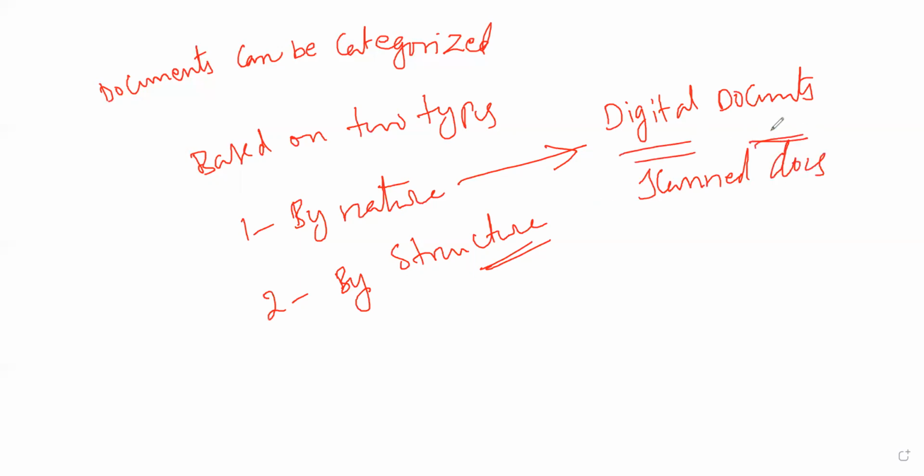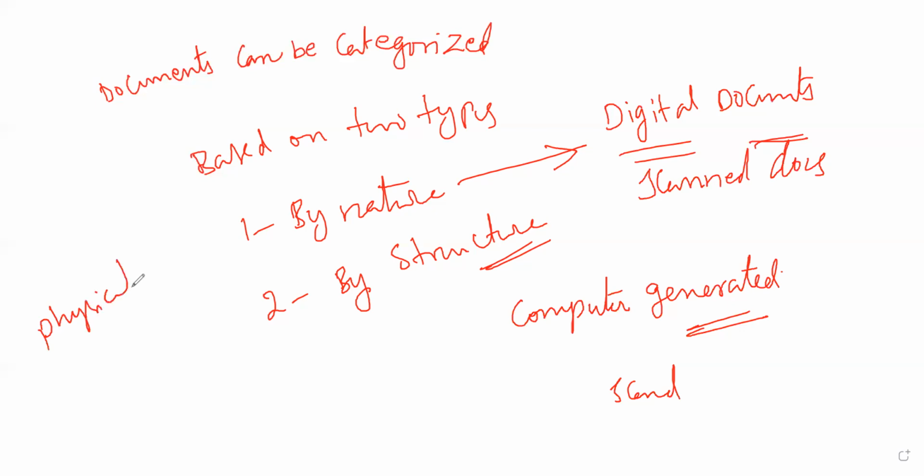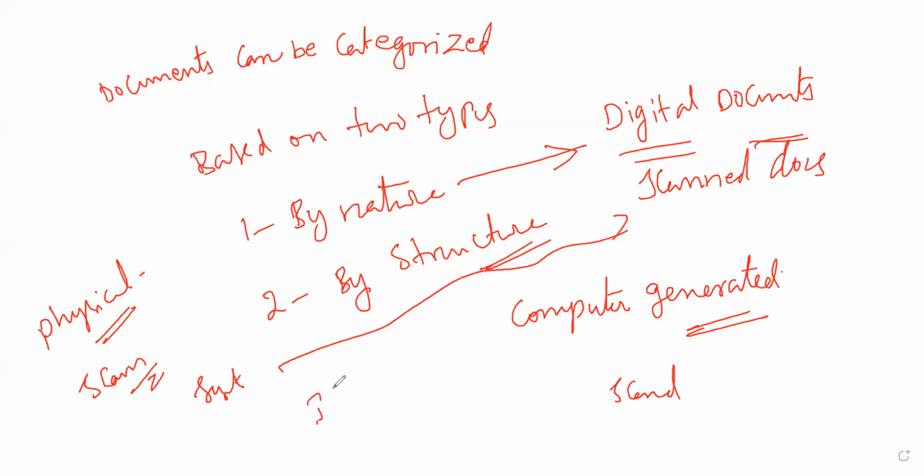Digital documents are computer generated. When it comes to scanned documents, when we have physical documents like letters and paper documents, and we scan those documents and send them to our system, we call those scanned documents, or any image-based documents.